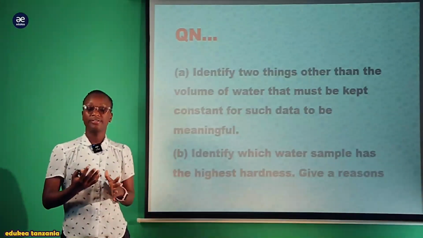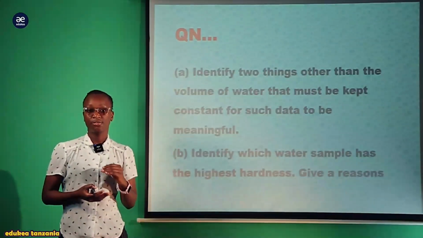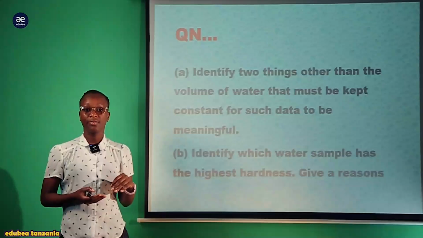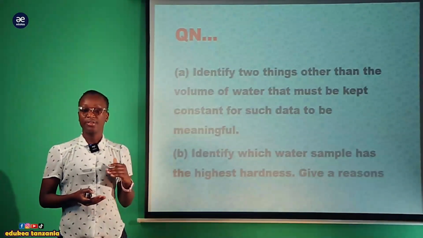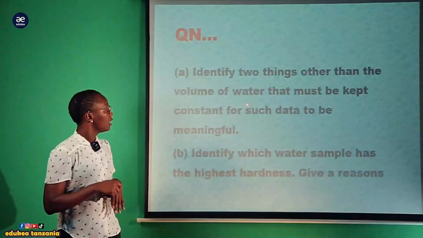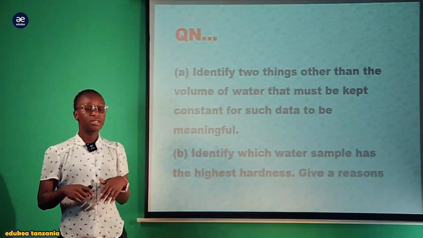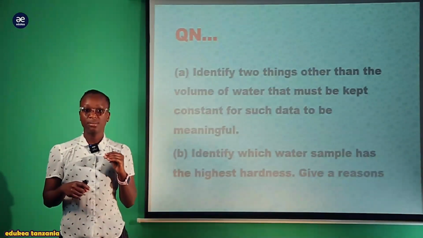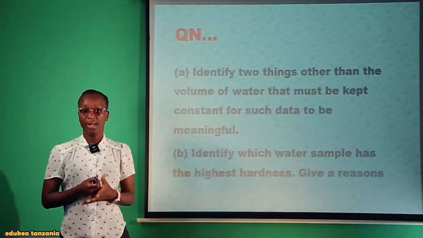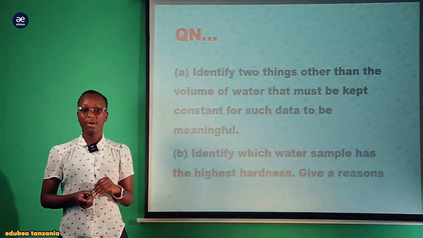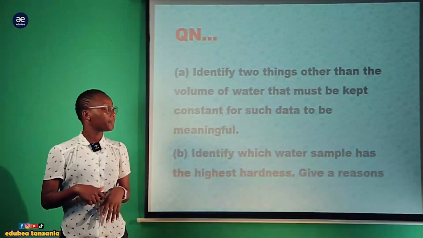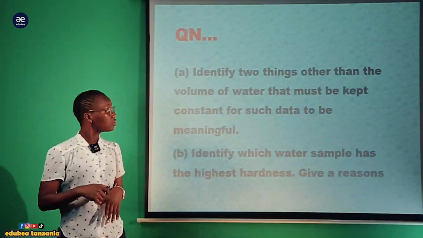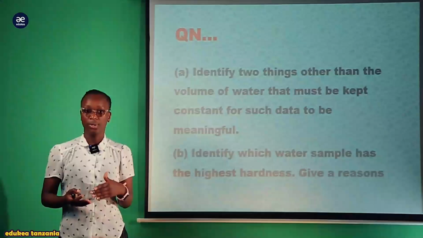Ina maana hatutofanya interfering ya hizo data za volume of soap, lakini vile vile na hizo water samples ambazo ni E, F na G. Lakini this data should be kept, meaning maana yake inatakiwa ibaki pale pale. Lakini ni vitu gani ambavyo unaweza kuviprovide vikaleta maana nyingine kwenye hizo data. So mwanafunzi anatakiwa asuggest vitu viwili.